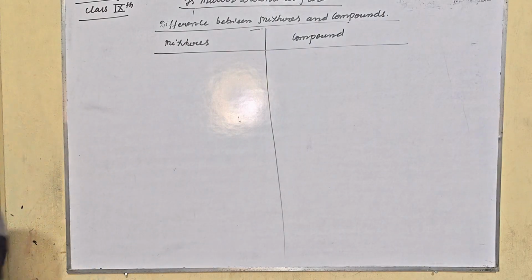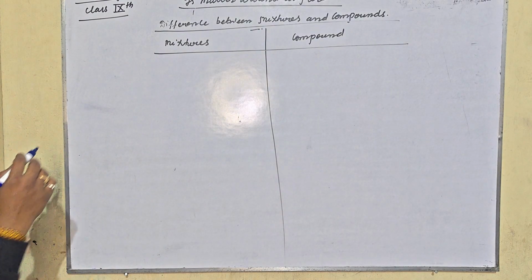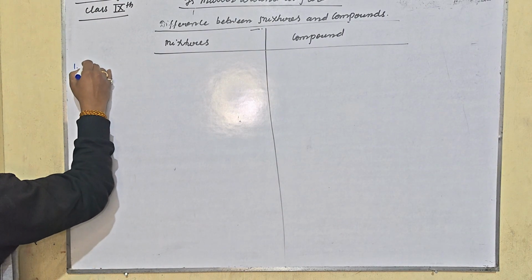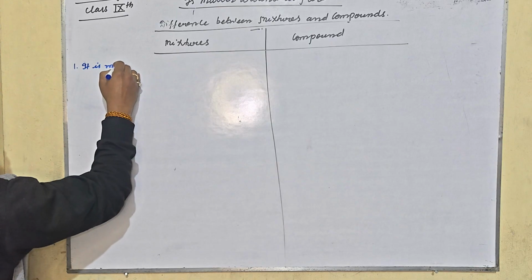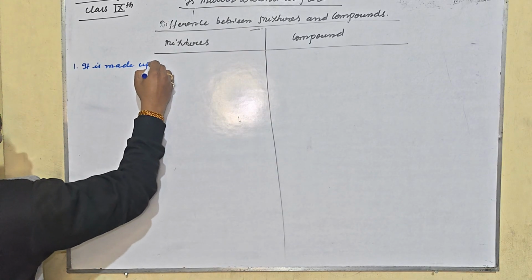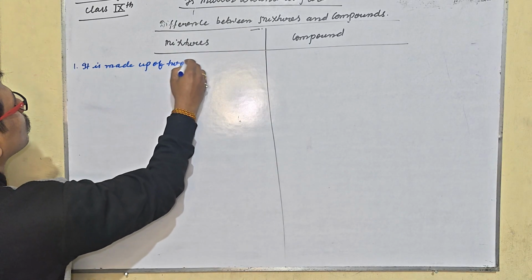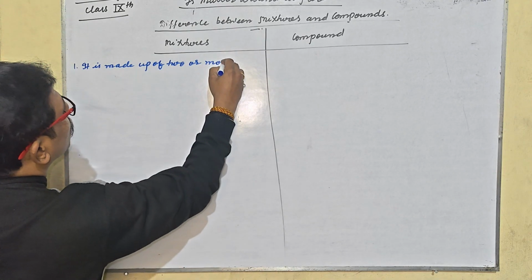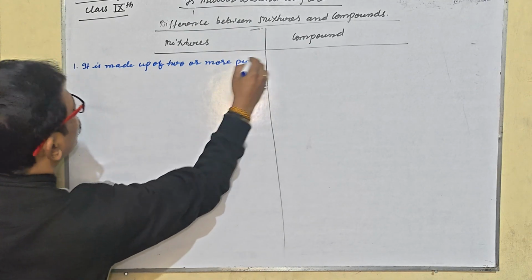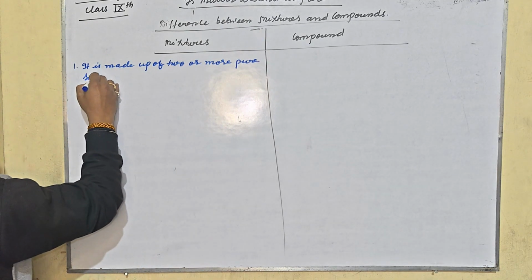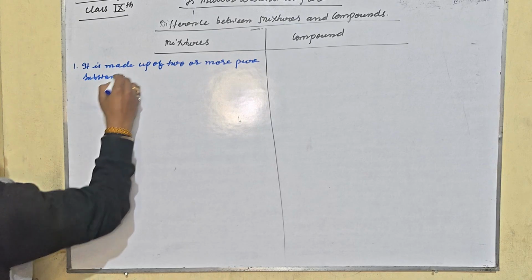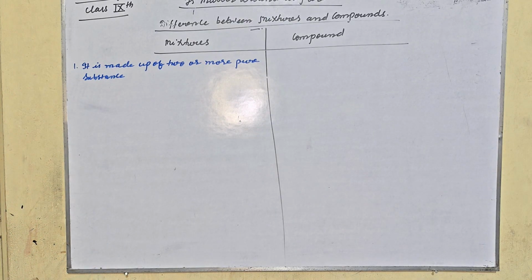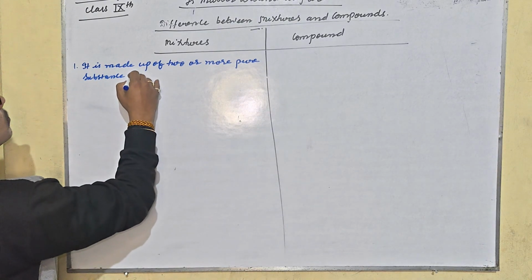Compound: the first point is that a mixture is made up of two or more pure substances mixed in any proportion.